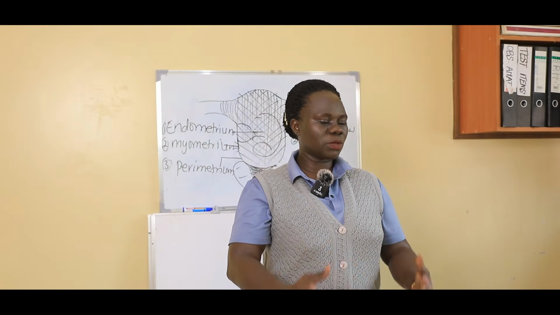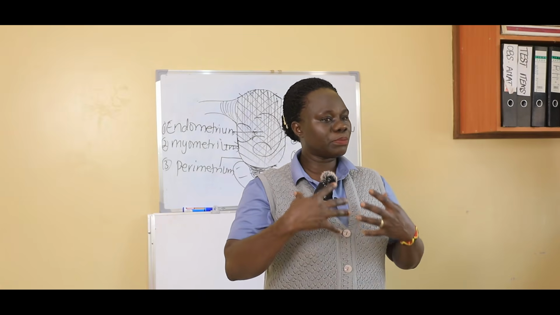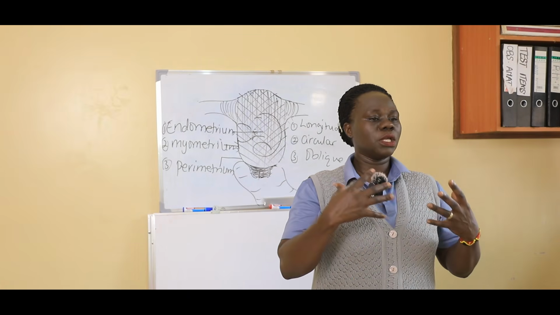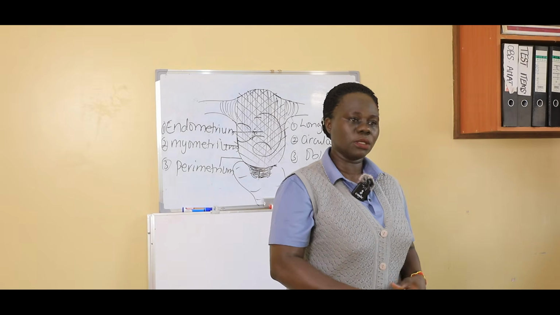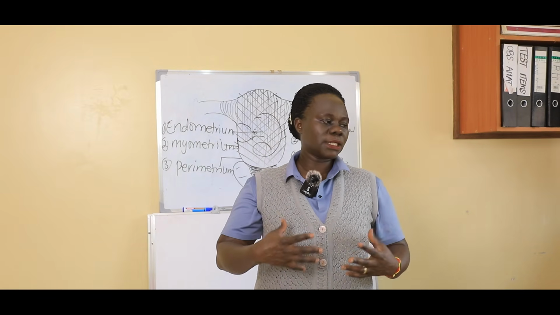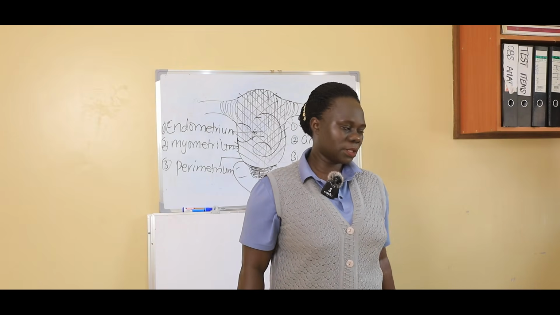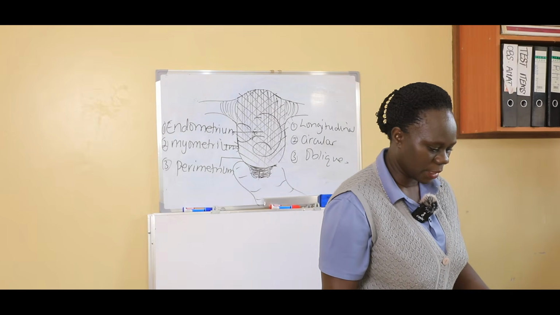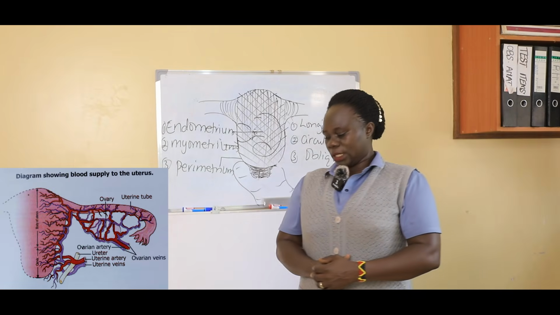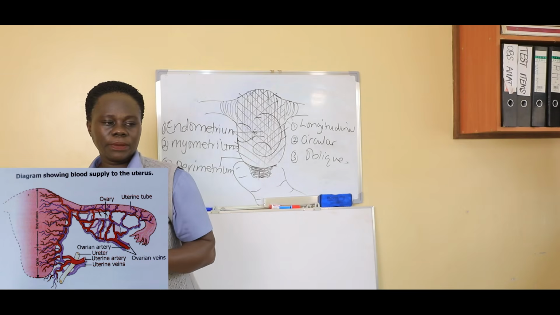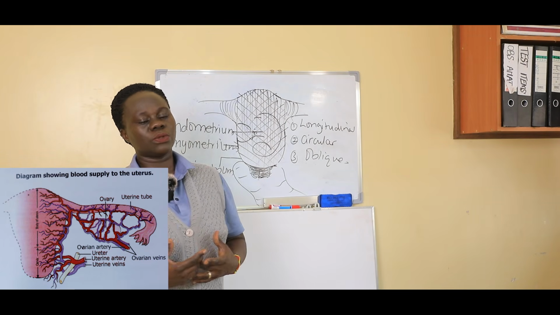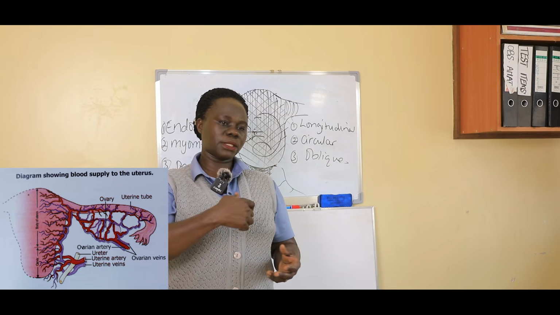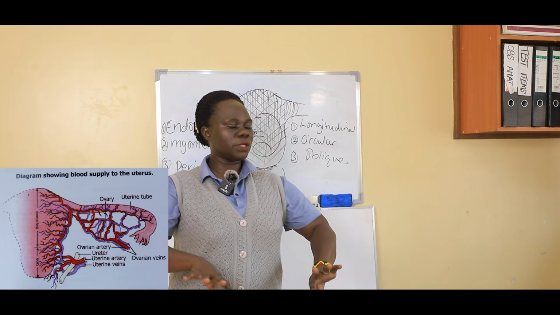But as well, when a woman conceives, it has to supply plenty of nutritious substances and oxygen to the baby. So it has its own arteries that supply it, and they are known as uterine arteries. Yes, the corresponding vein is what is called the uterine vein. The veins are the ones that take away the deoxygenated blood and all that is not needed.